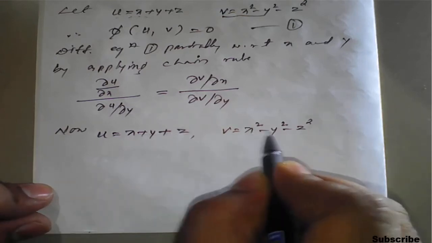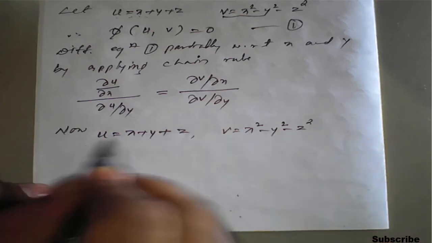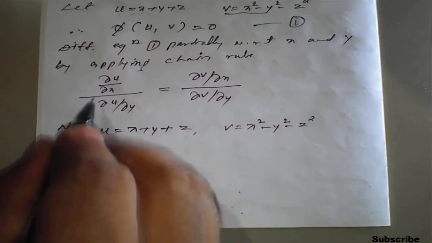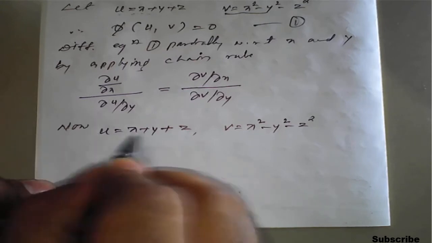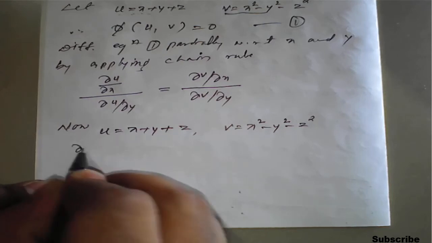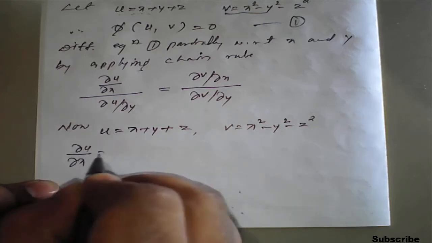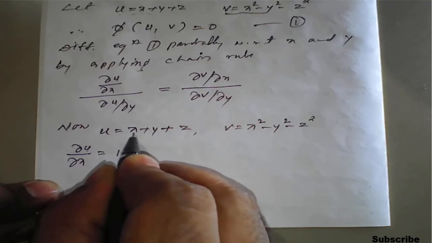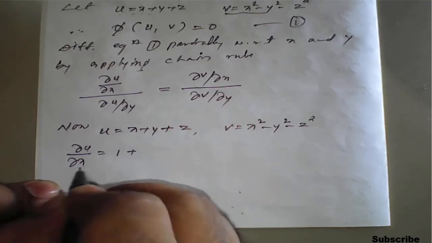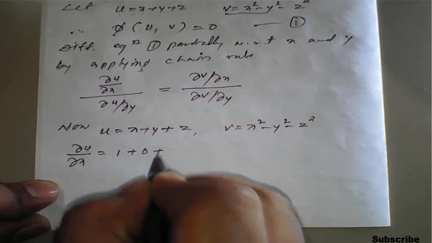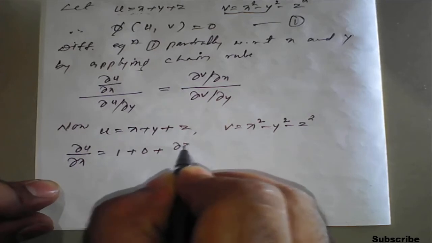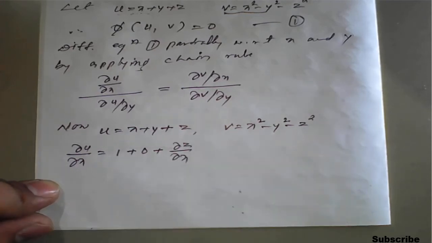While differentiating u with respect to x, it will become dou u by dou x is equal to 1, partial derivative of x is 1, plus y with respect to x partial is 0, plus, because z is a function, you have to write dou z by dou x.